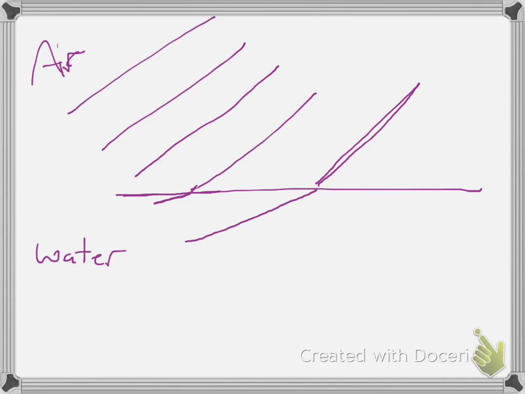Okay, so I think we've got our setup here. So think about this. If I would have made these equally spaced, if we were to draw a perpendicular representing a ray right here, and another perpendicular representing a ray right here, then we can see that we have two nice right triangles with a common hypotenuse.